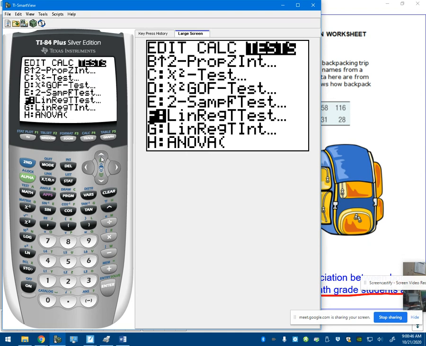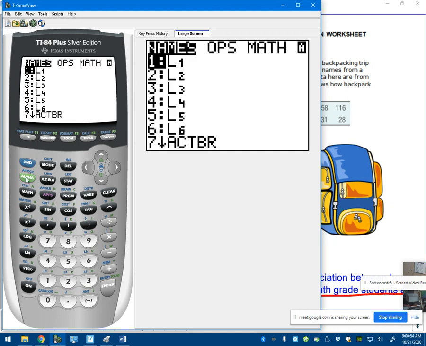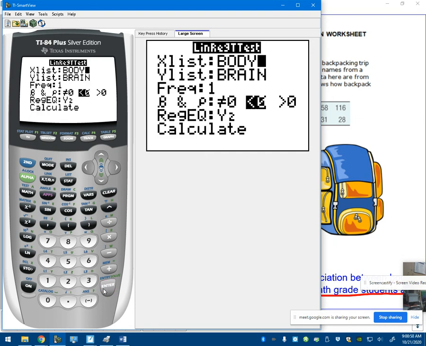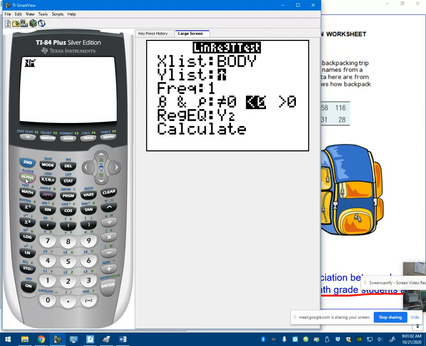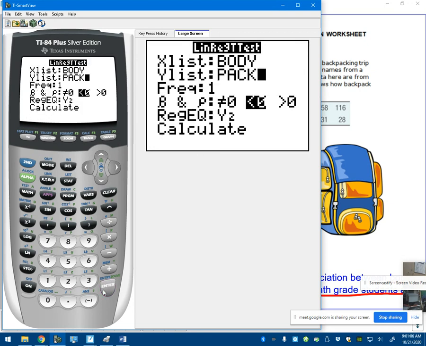All right, hit enter. Put in your lists, which our list is second list alpha B for body, and then second list alpha 8 for pack. Frequency should say 1.